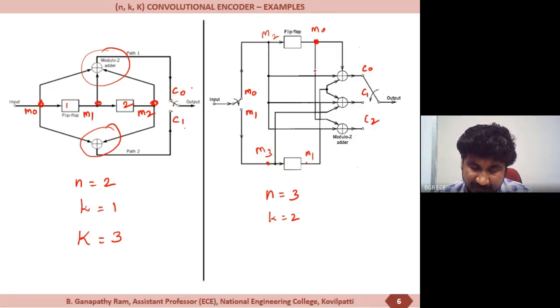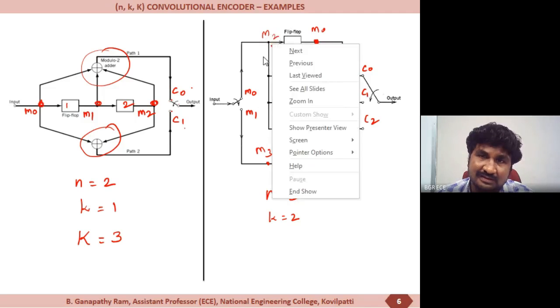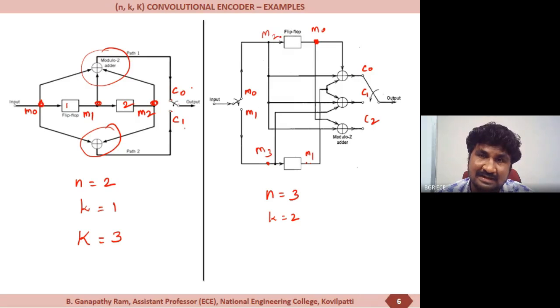Then M0 and M2, only 2 bits are involved in the generation of C0, because even though M1 is used in the generation of C0, anyhow while the loading of M1, the M2 is parallelly loaded here at the time slot 2.